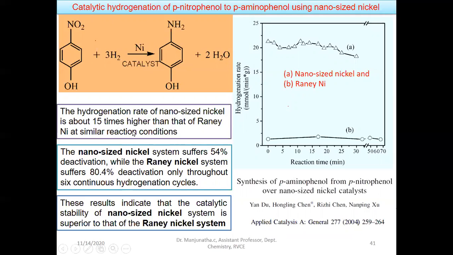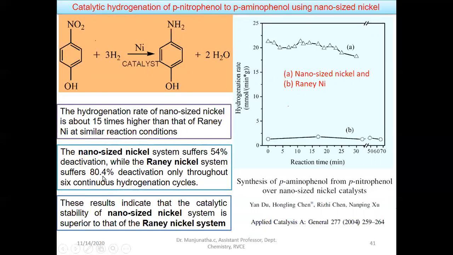They found that when they used nano-sized nickel, the rate of this reaction is about 15 times higher than that of Raney nickel under similar conditions. Raney nickel is generally used for this hydrogenation reaction. By changing Raney nickel to nano-sized nickel, they increased the rate of the reaction about 15 times.